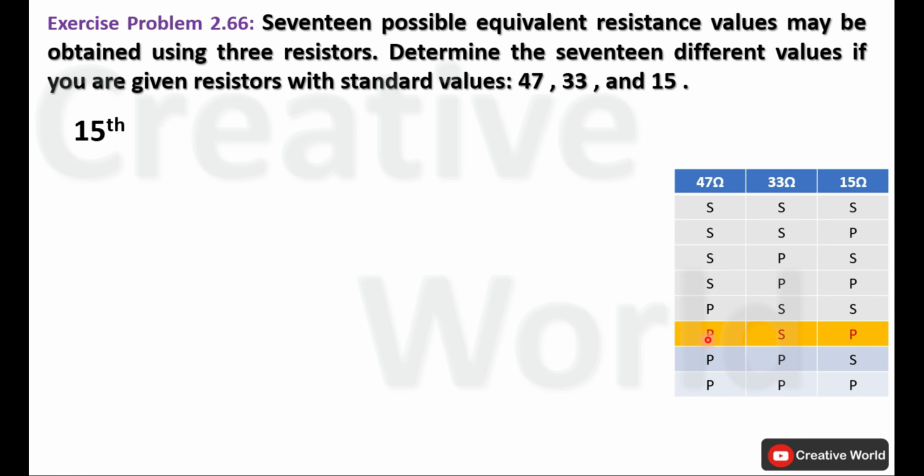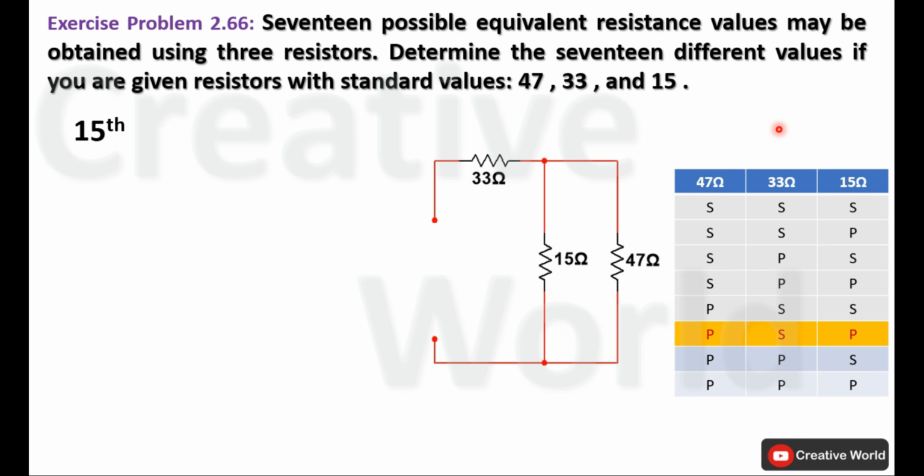In this configuration, two resistances 47 and 15 ohm are connected in parallel, and 33 ohm resistance is connected in series with these two resistances. Circuit diagram is provided here. Solve this circuit diagram to calculate equivalent resistance. First of all, we will calculate the equivalent resistance of these two resistances using this equation.